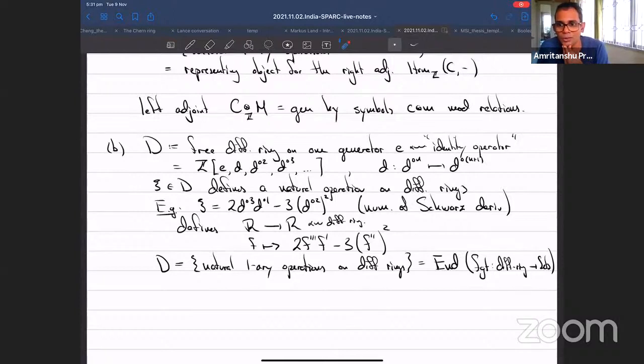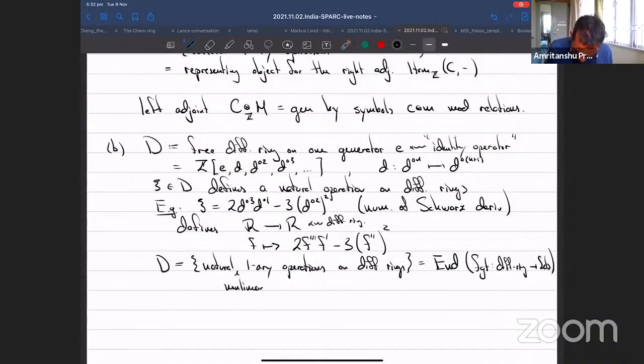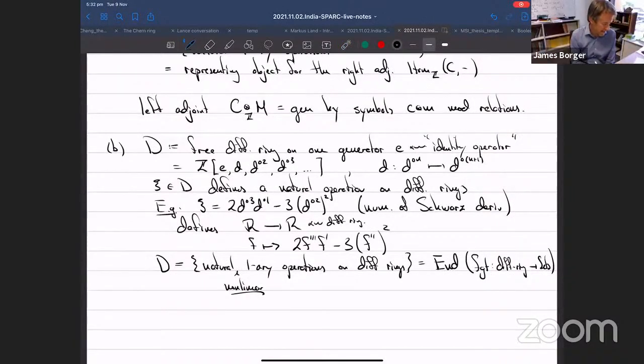Oh, sets. That's why you took sets, is it? Yes, to sets, exactly. So these are non-linear, natural operations. What happens if you take rings? Then it would just be the operators which are both additive and multiplicative, and that would be, I think, only the identity operator, because even the first derivative map does not give a ring endomorphism, as the Leibniz rule shows.